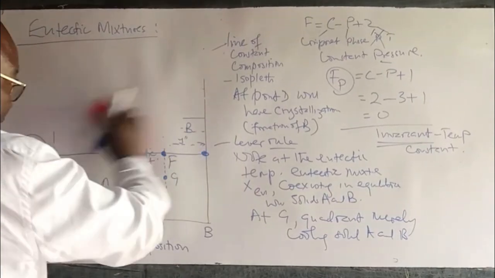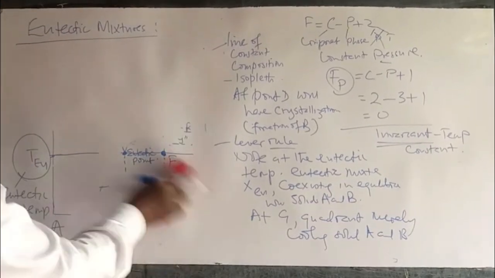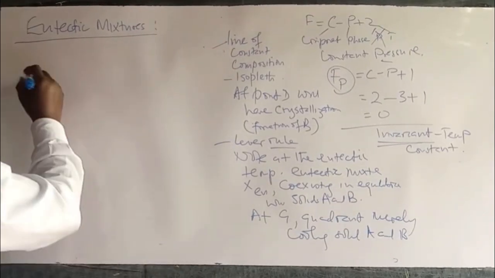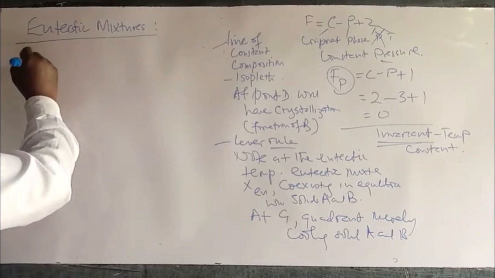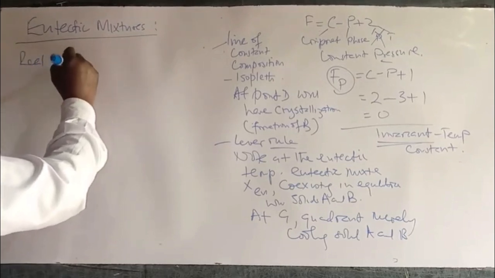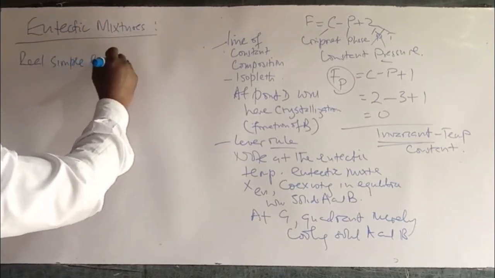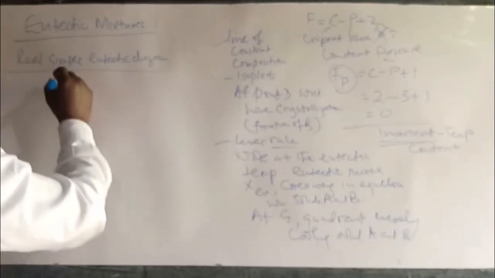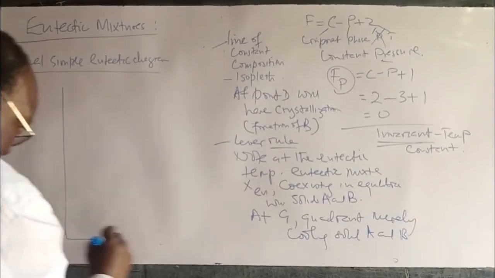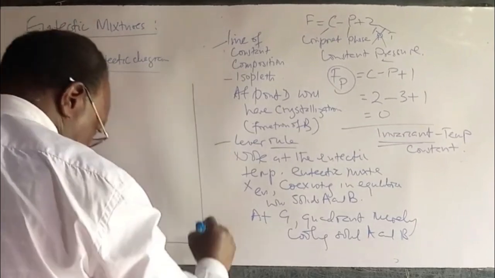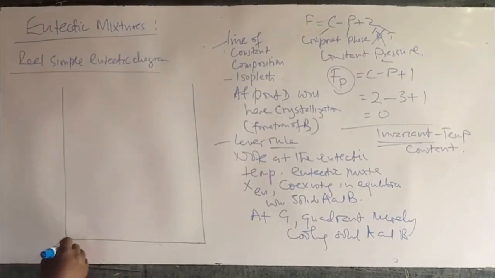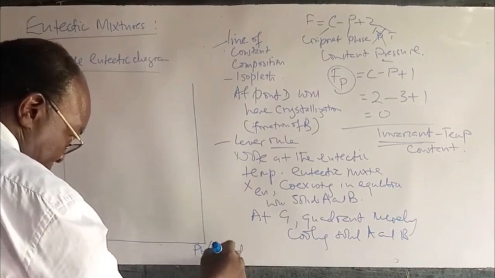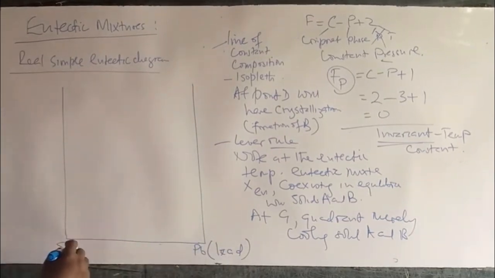Now, this is a simple eutectic diagram, and in practice, this is very common in materials. We can take an example of a real simple eutectic diagram: antimony and lead. This is lead, this is antimony.